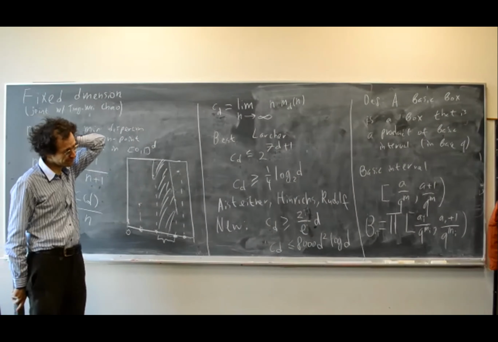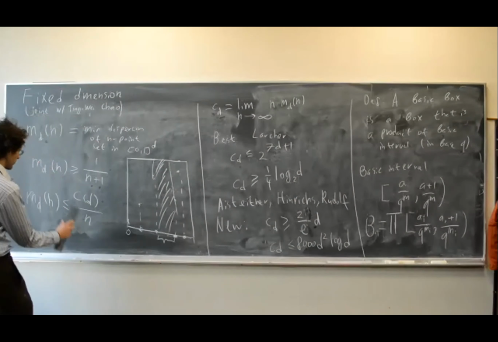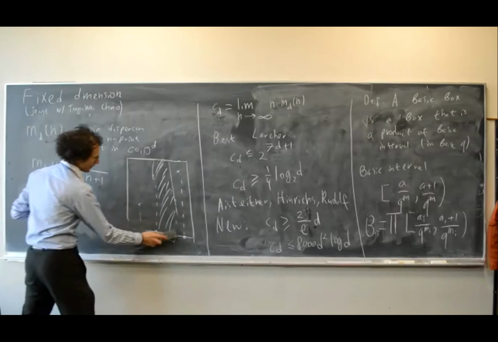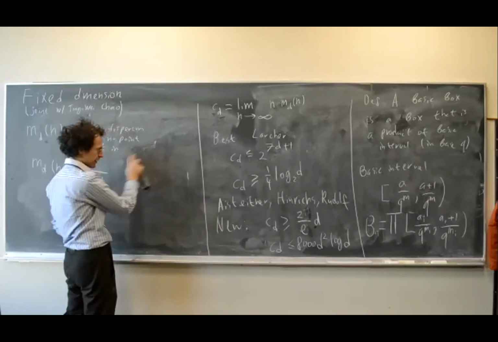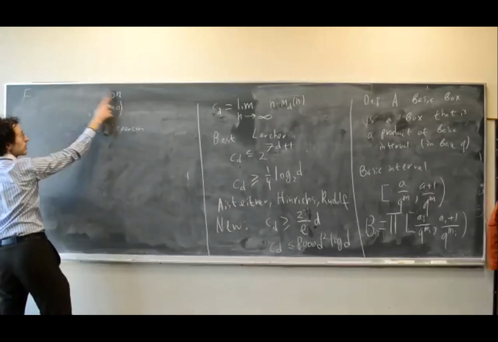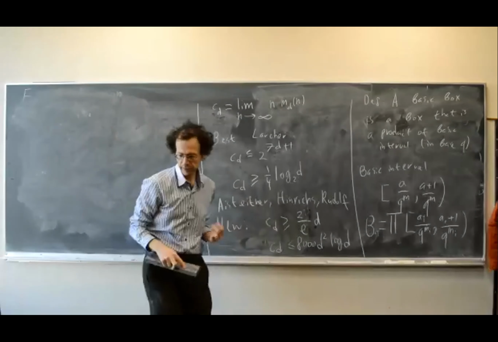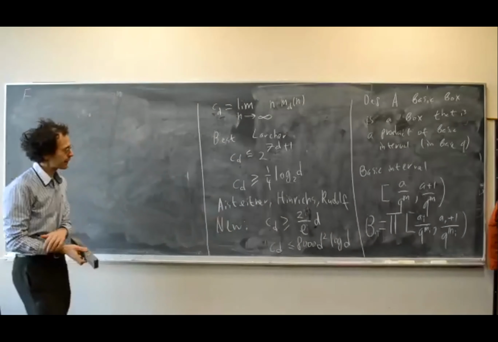Again, the reason people look at the basic boxes is because sometimes, by proving results about basic boxes, you can then derive results about arbitrary boxes by some kind of argument, for example, one contains the other.